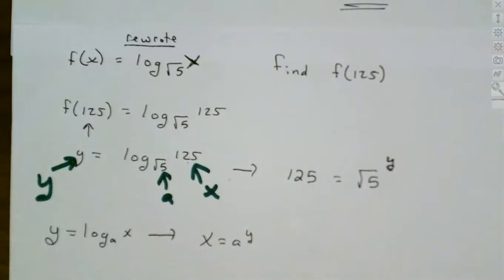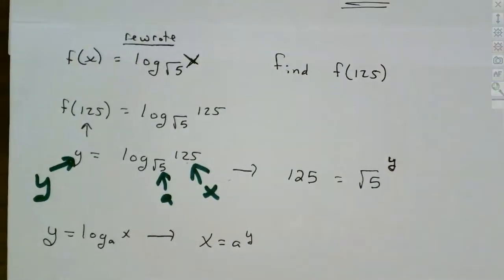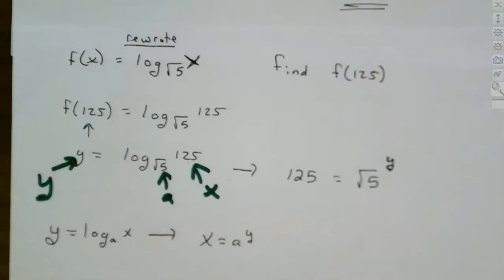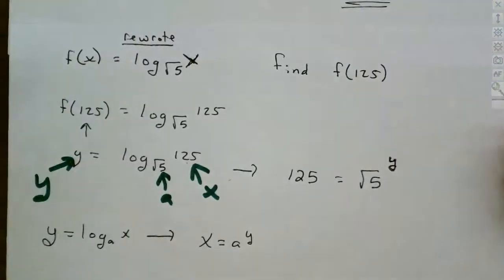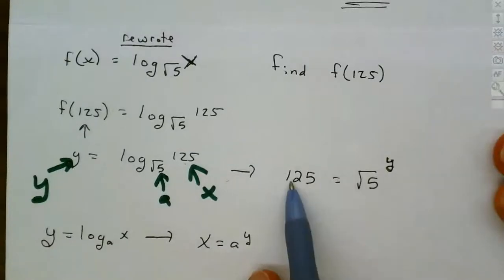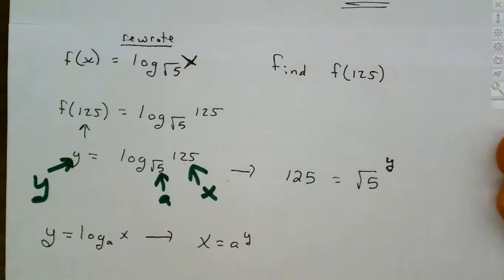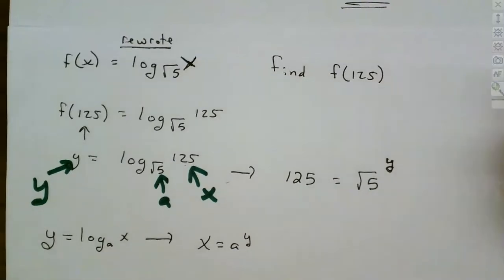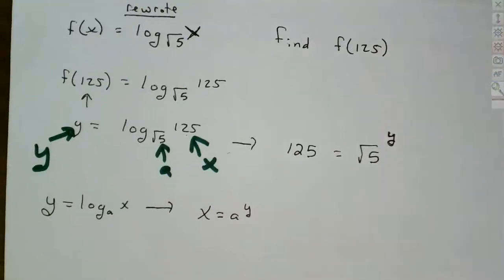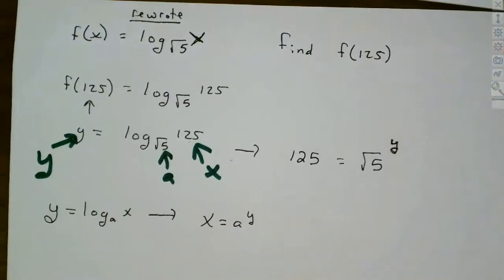How would we find our y now? Right, we've got everything we need. We should be able to find that y. Well, different ways of approaching this one. We need to somehow get the bases to be the same so that the exponents are the same. And again, there's different ways of approaching this.